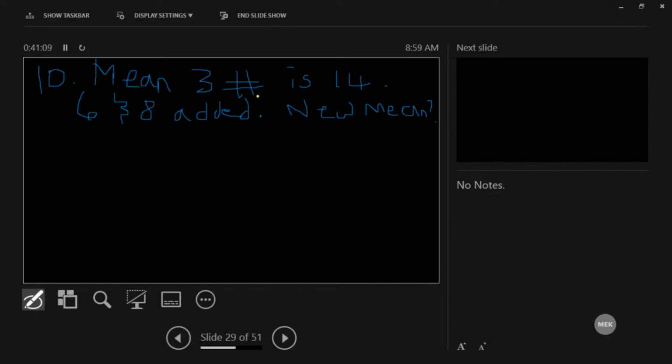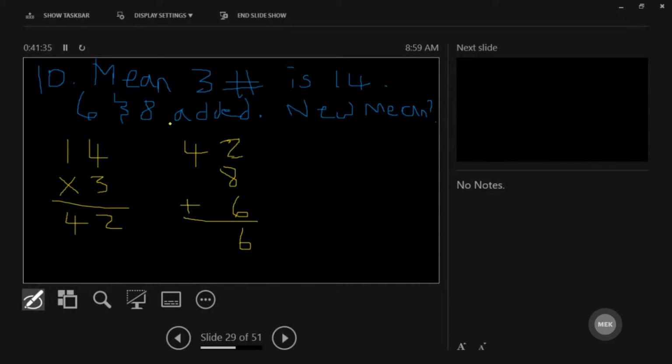So we know the mean, we know how many numbers. So to get the total, we multiply the mean by the amount of numbers, and that gives us 42. Now we're going to add the 6 and the 8. 2 new numbers coming into the mix. Add those to the total that was there already. So the new total now is 56.